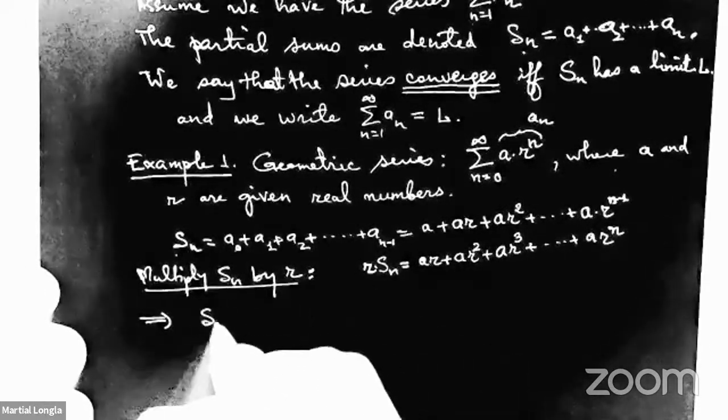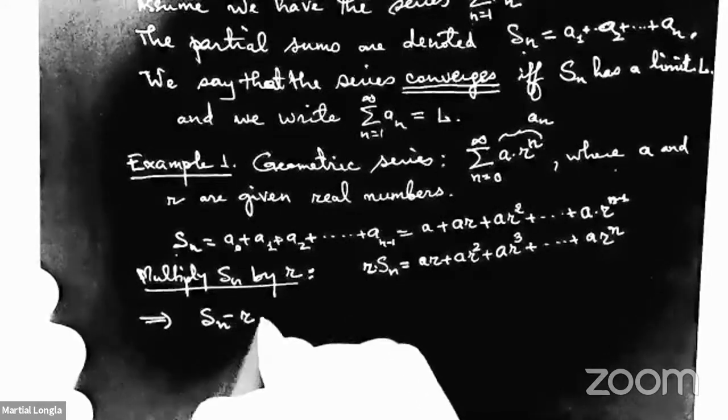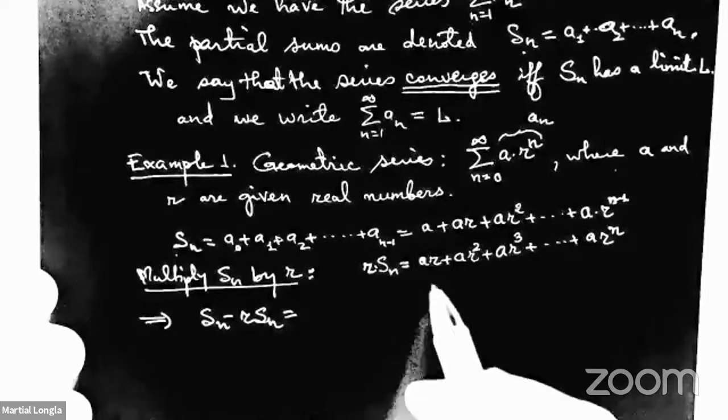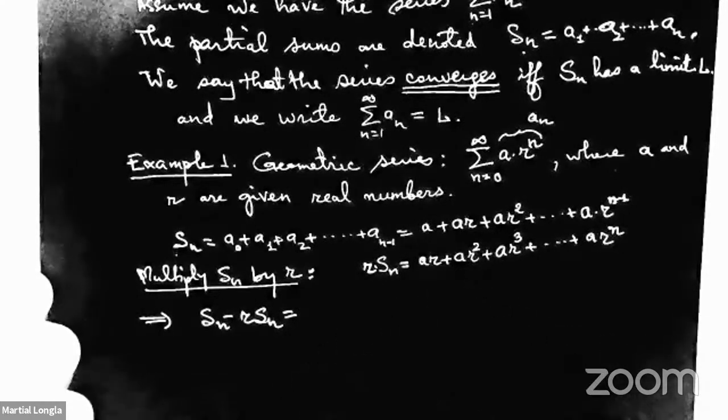So Sn minus R Sn. I subtract the two things, and then I do just what I just told you.